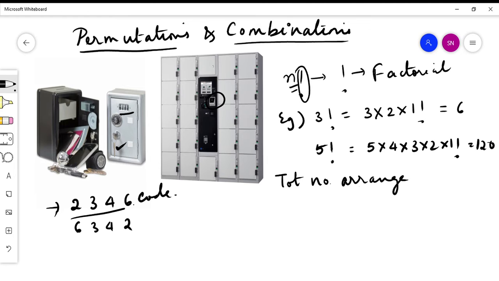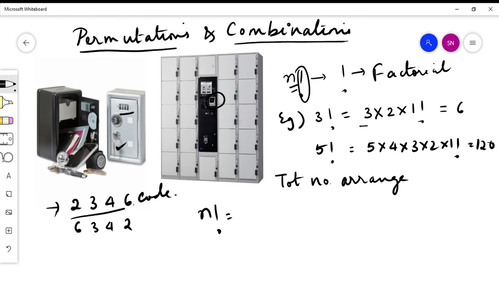Now, moving on to a little more depth in factorial notation. We all know that factorial notation is for finding out the total number of arrangements. But in general, if I have n factorial, this is the general representation. But if I have to use the same n factorial inside our problems, what form does it take?